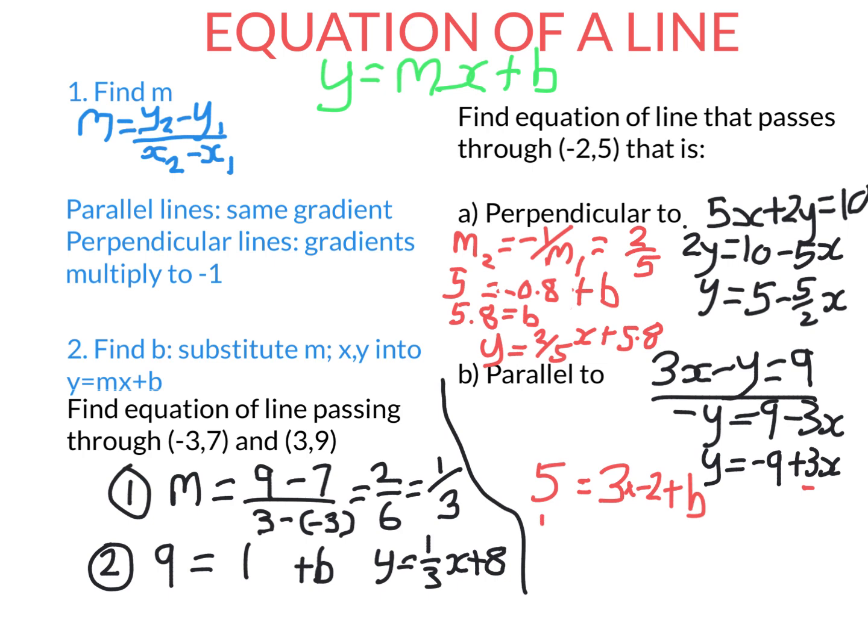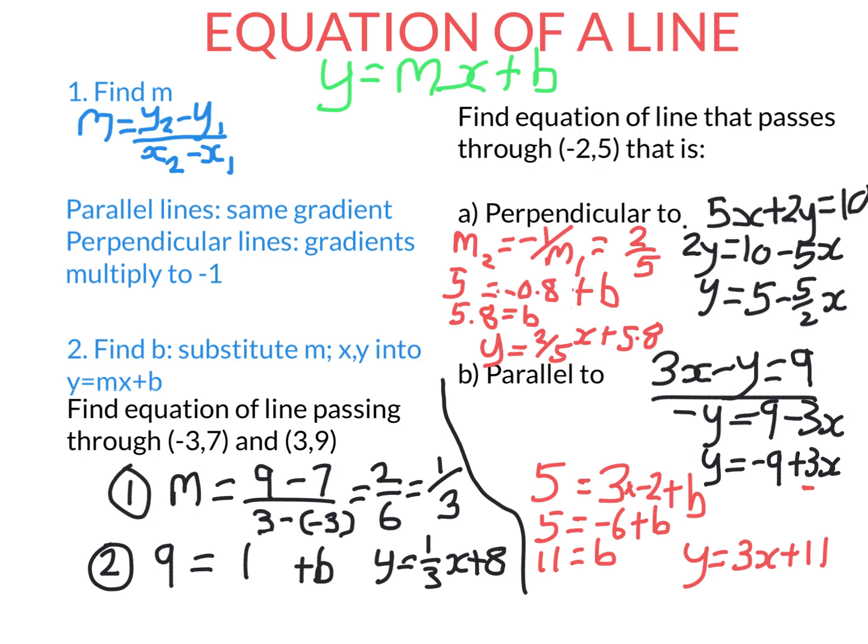So I have 5 equals -6 plus b. Of course, to get b by itself, I just add 6 to both sides. So I get b equals 11. The equation I'm after is therefore y equals 3x plus 11. So these two lines will be parallel, and this line goes through that point.